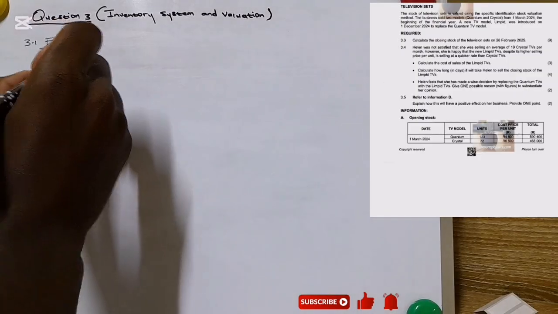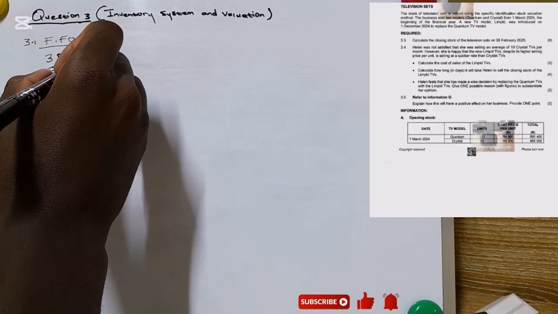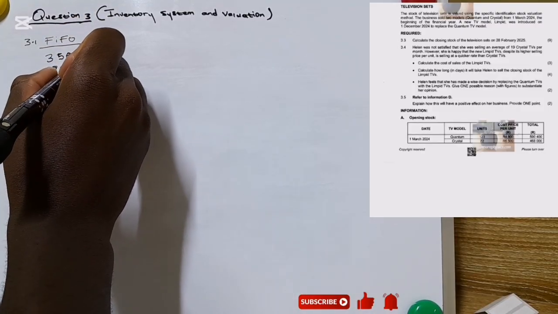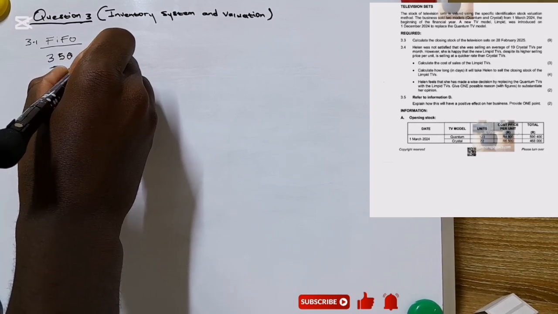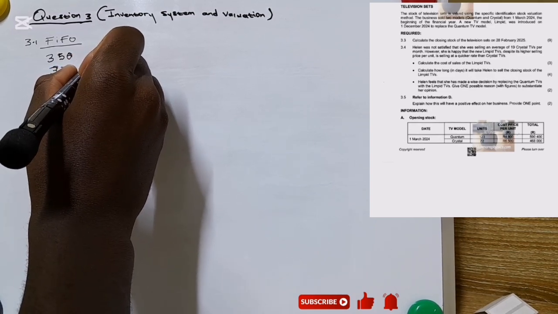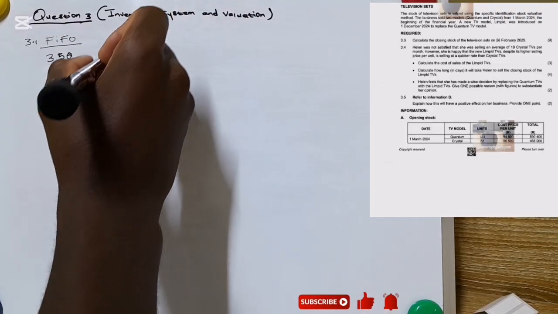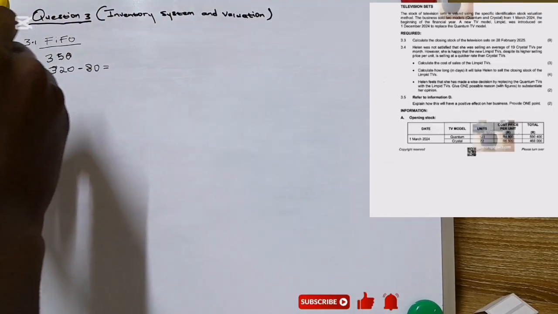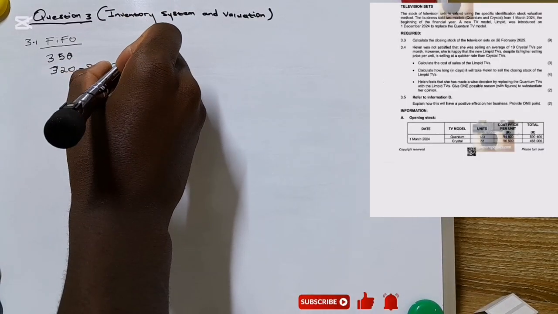From that 320 units, we returned how many headphones? 80. So here we are going to subtract 80. So our new unit, it's going to give us 240 units.